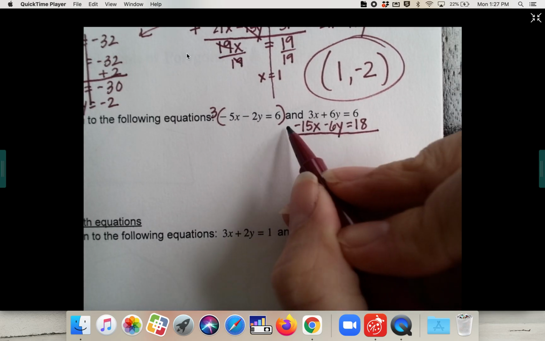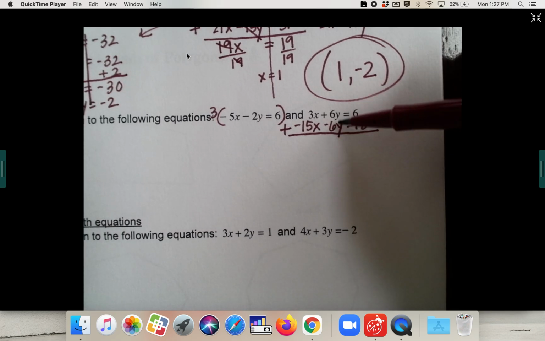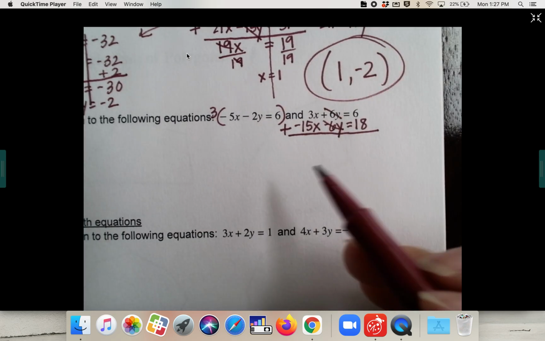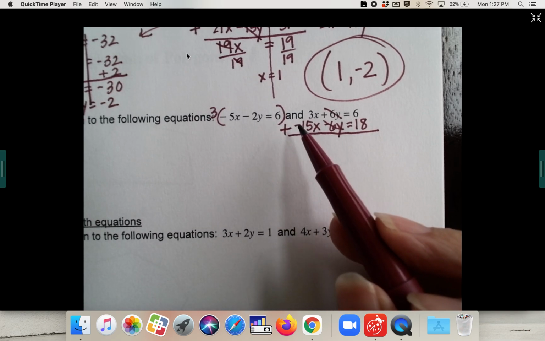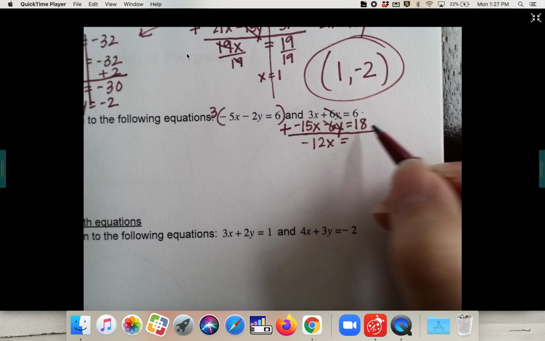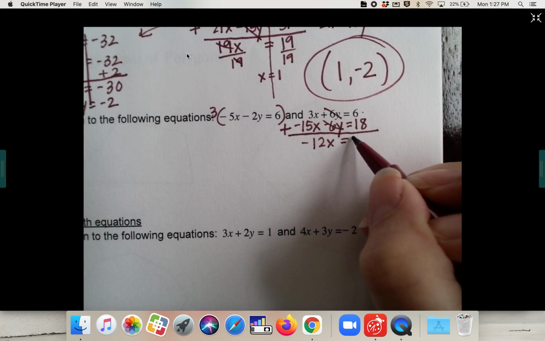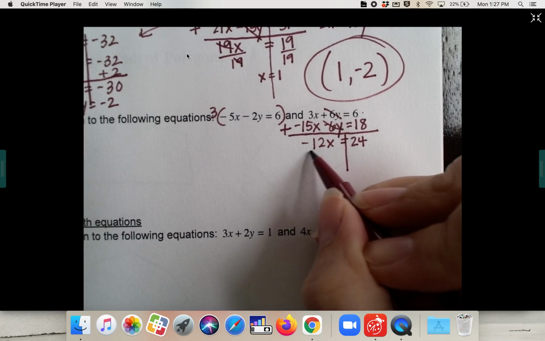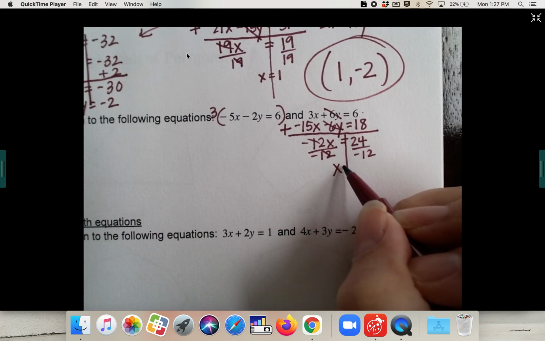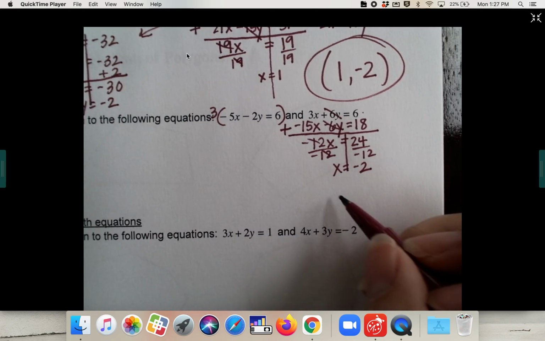And then I'm going to choose to add, because that's the only way that these opposites will cancel out, which means eliminate. So if I'm adding 3x plus negative 15x, I'd get negative 12x. 6 plus 18 is 24. Divide both sides by negative 12. X equals negative 2.